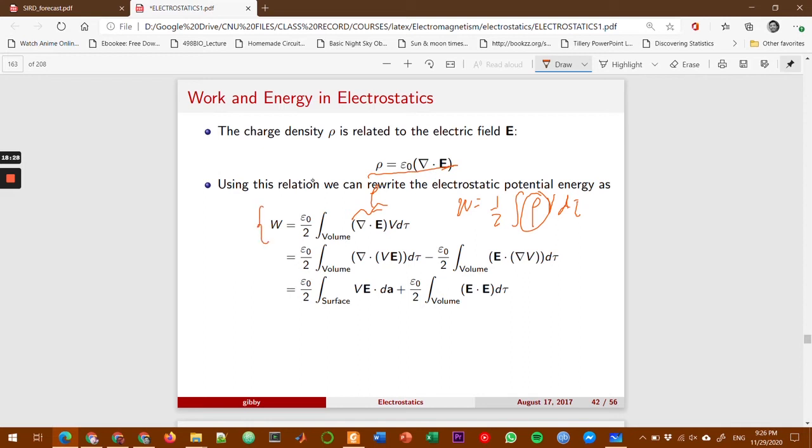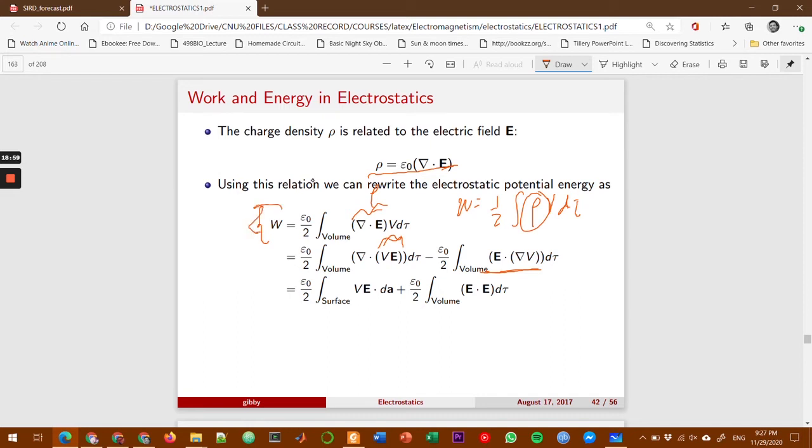Then we distribute, and this does not violate any rule. We apply the product rule, like the chain rule, using this formula. So that's why you have this equation.